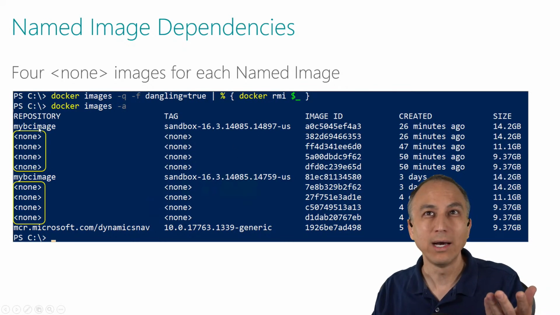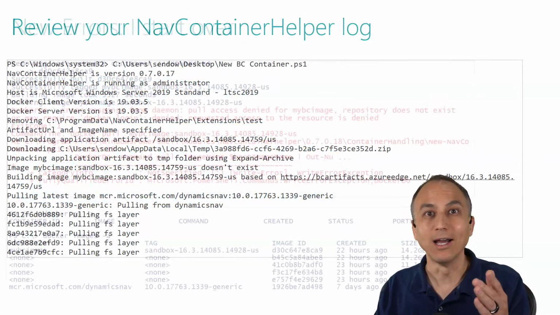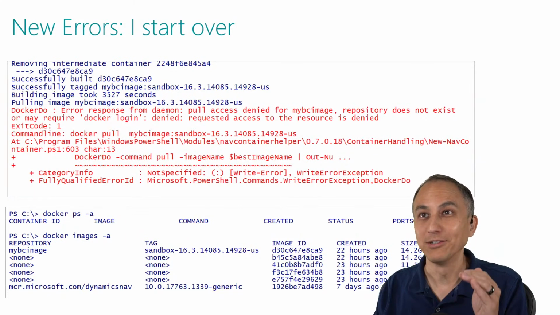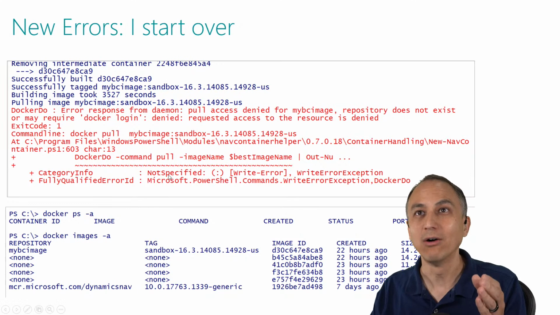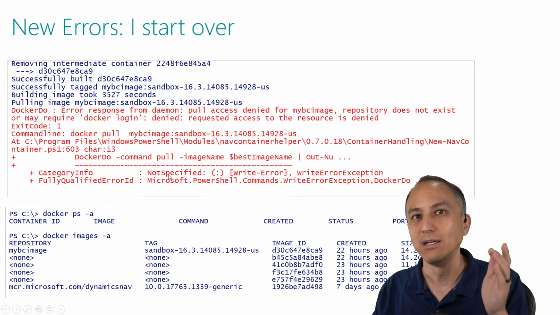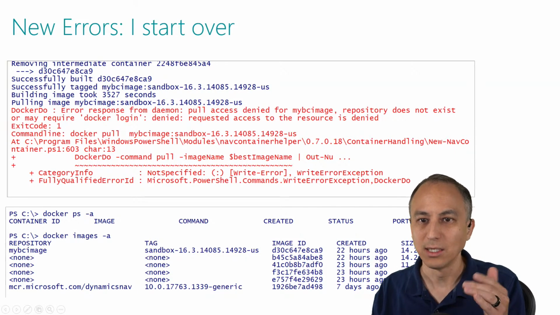So it's not like it doesn't like my BC image fundamentally. So not sure what's going on, but I currently cannot build a BC container, at least not with a named image. So now I'm going to have to delete everything again, try running it without a named image, and let's just give that a try.